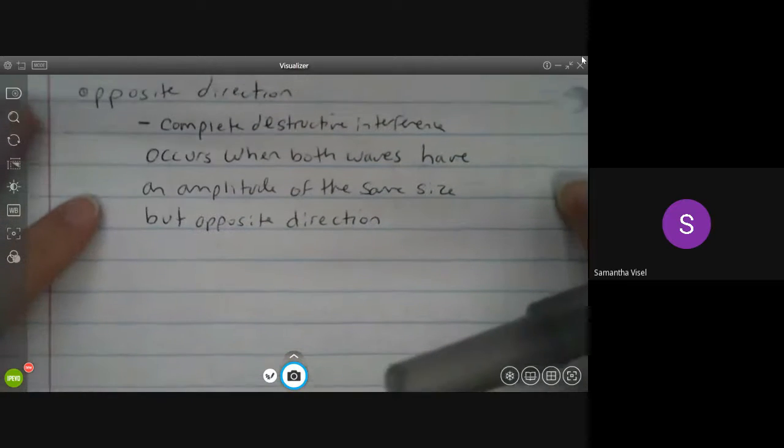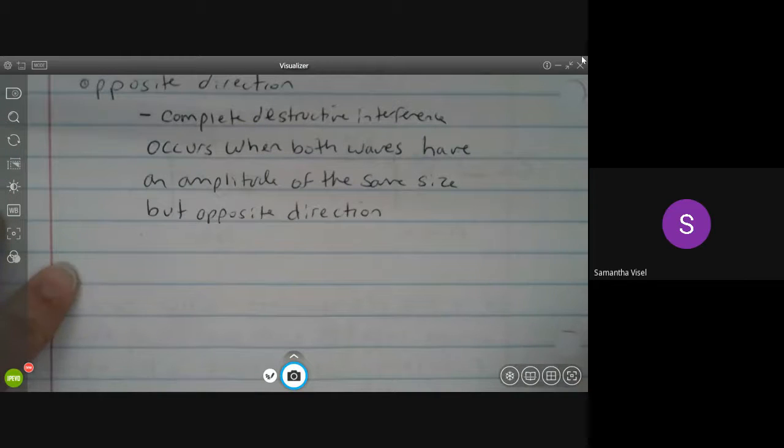So complete destructive occurs when both waves have an amplitude of the same size, but they're in opposite directions.